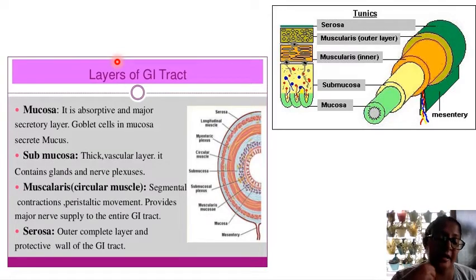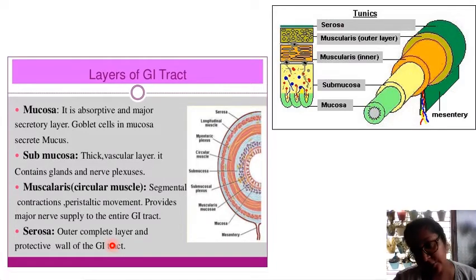Now, the outer layer, the last layer, is a complete layer and a protective wall, and it has connective tissue covered with squamous epithelium. So these are the four layers of the GI tract: the mucosa, the submucosa, the muscularis, and the serosa.